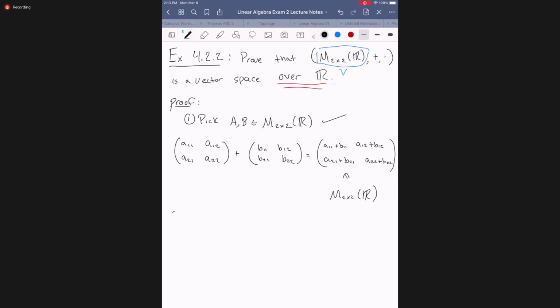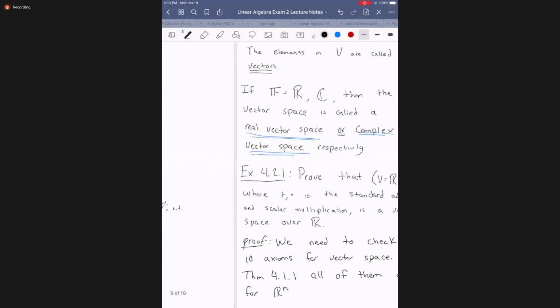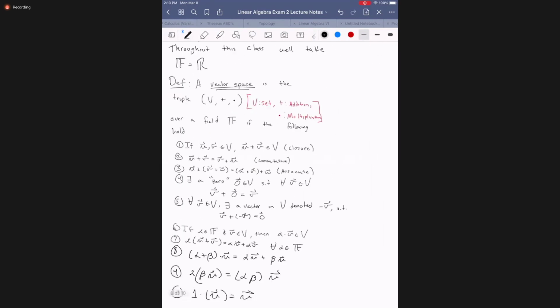All right, so number 2. Do matrices commute? Meaning if I take A plus B, is that equal to B plus A? Yes, under addition it commutes. Under multiplication it doesn't, for sure.